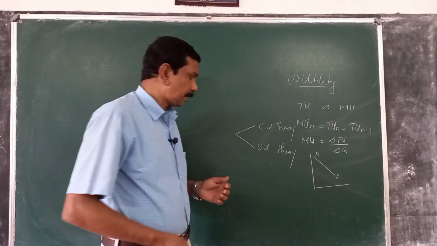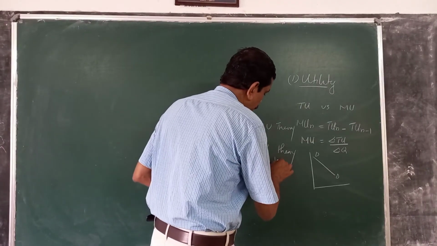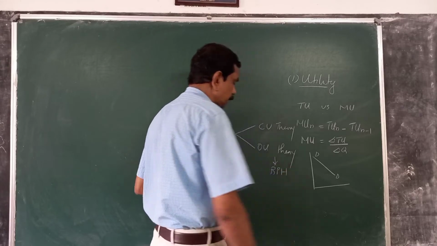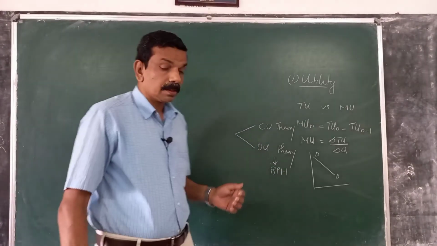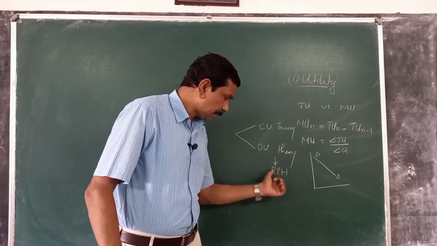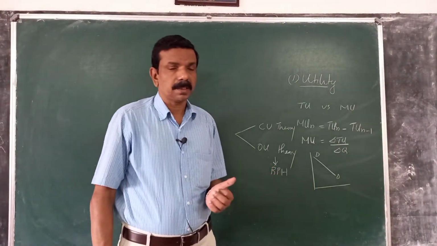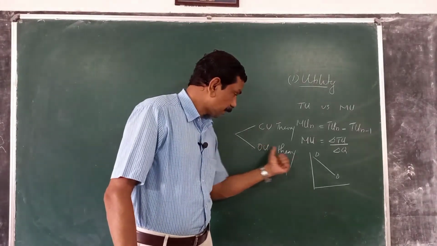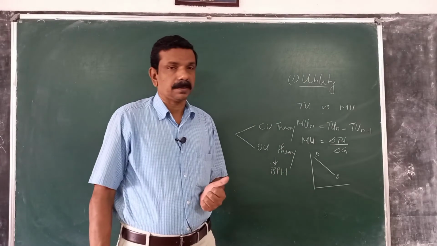There is also a third approach that is known as the revealed preference hypothesis. Even though it is a distinct theory of consumer behavior, it is generally considered as a refinement of ordinal utility theory.